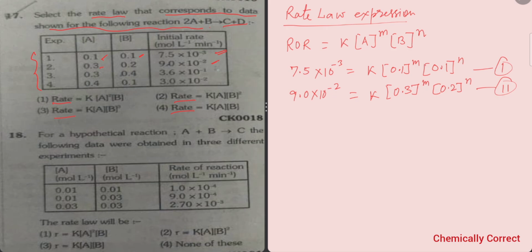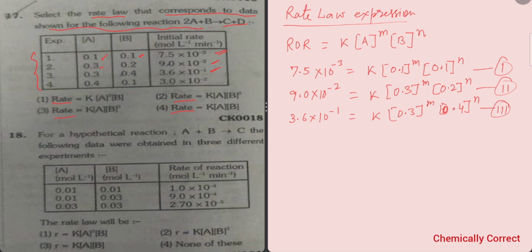For the third equation, the rate of reaction is 3.6 into 10 raised to the power minus 1, equal to k into the concentration of A, 0.3 raised to the power m, and the concentration of B, 0.4 raised to the power n. It is our third equation.